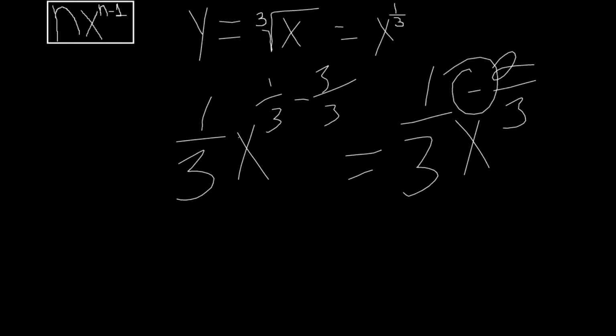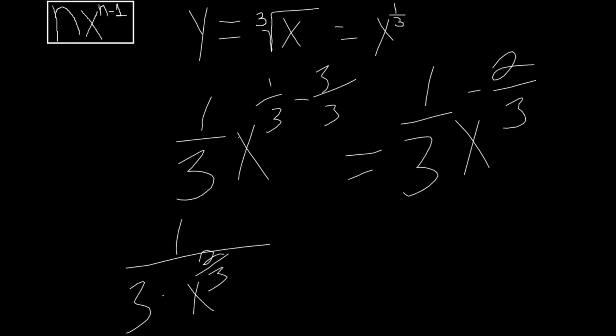We can't have a negative exponent. To remove the negative exponent, we have to bring it to the denominator level. So we have 1 over 3 times x to the 2 over 3 is equal to y prime, right?